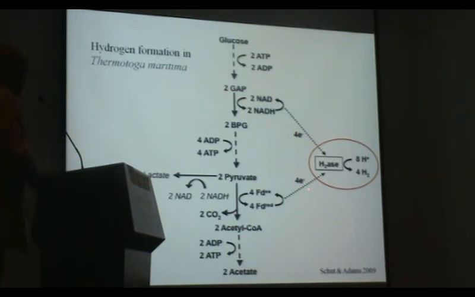And finally, I want to mention that Schut and Adams published a paper about a new hydrogenase. Usually hydrogenases work with ferredoxin, but it just didn't work with ferredoxin. It didn't work with NADH, but it worked with both.